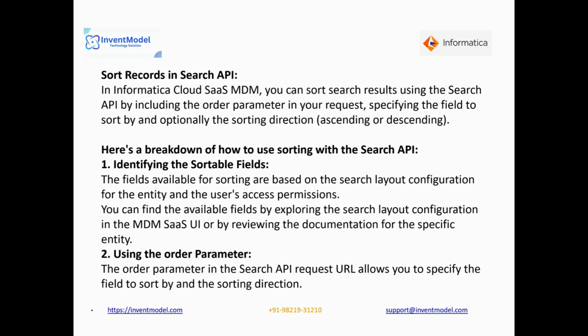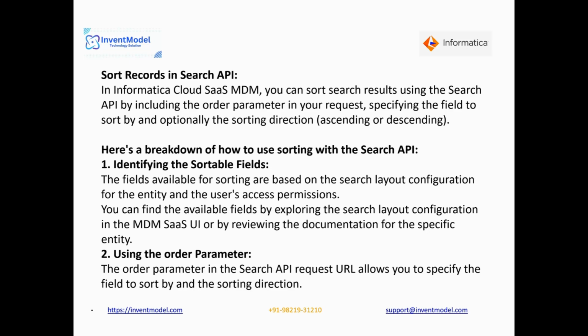There is a fixed set of entity names on which we can perform the search. We cannot use all the attributes for sorting. Only a few attributes are allowed, so we can check that first.